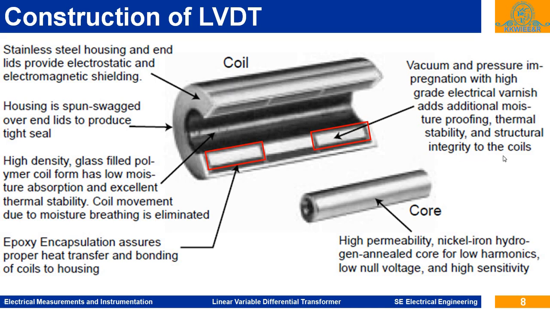Once these coils are wound with a number of turns, they are dipped in the varnish, impregnated with high grade electrical varnish, and placed in a vacuum, so that any cavity or air bubble is removed. That is called impregnation. This adds the moisture proofing.